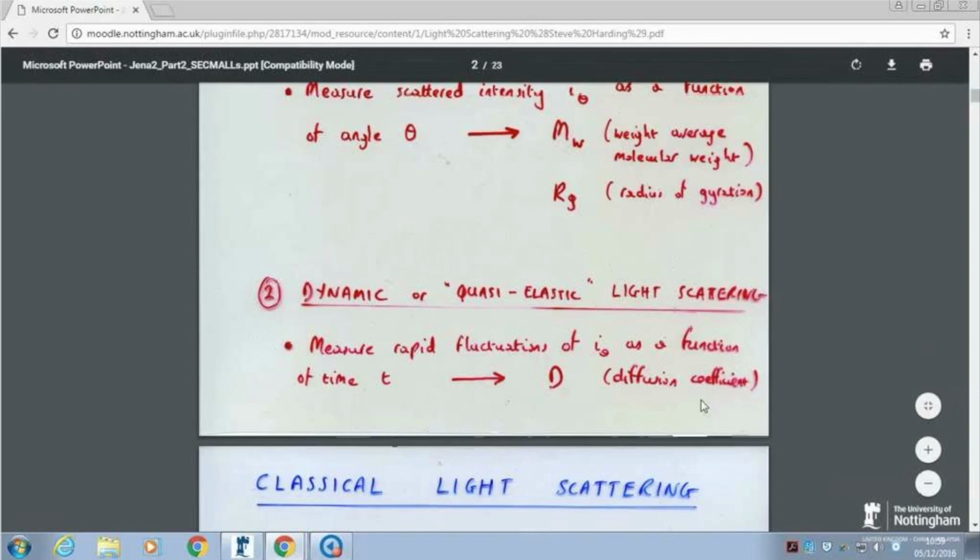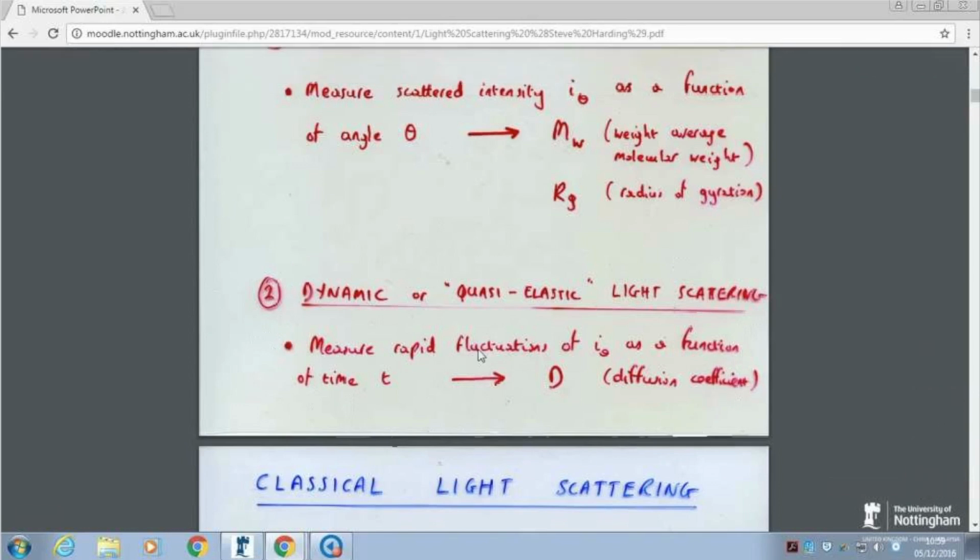And because it's quite rapid, it's also used as a monitor for protein crystallization. Part of the problem with protein crystallization is to try to find the right combination of conditions to get proteins to crystallize. And dynamic light scattering is quite good at seeing if there's a change in size of a system.